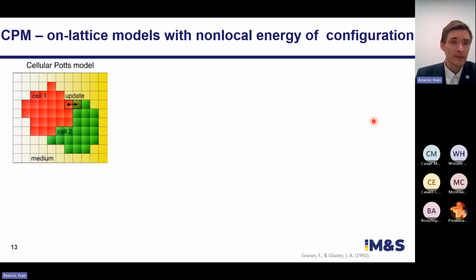It's an on-lattice model, and on this picture you can see these elementary sites or nodes, and all the sites that have the same spin variable, for example red spin, form one biological cell. And a little bit lower, we have, for example, 20 connected sites, which we can call the green cell.